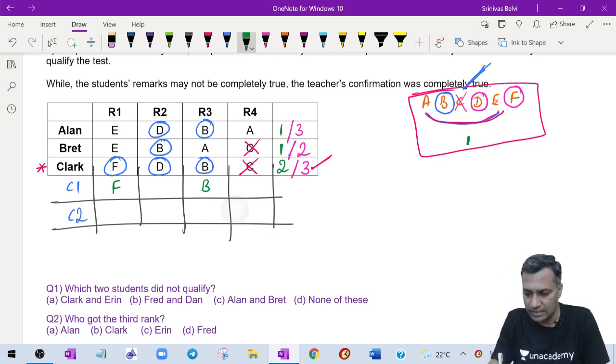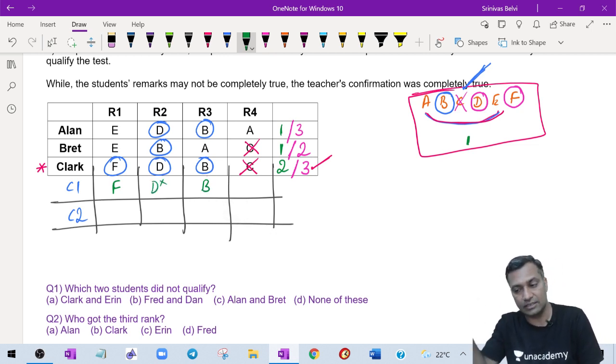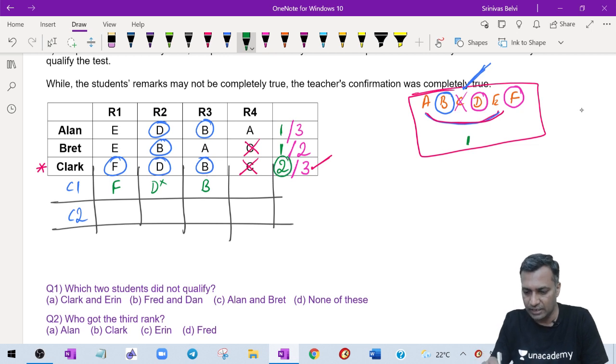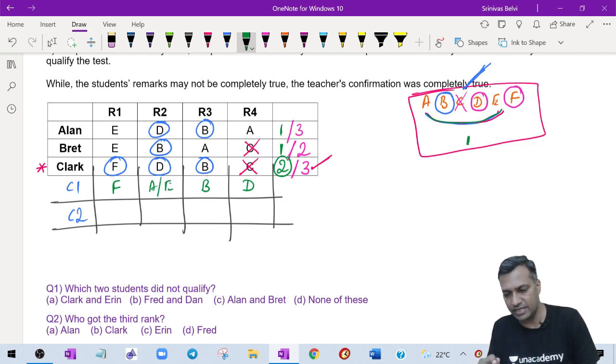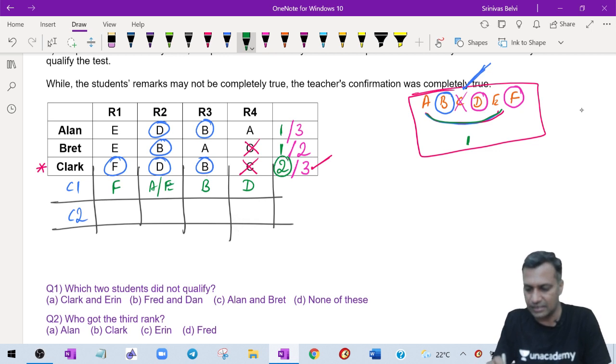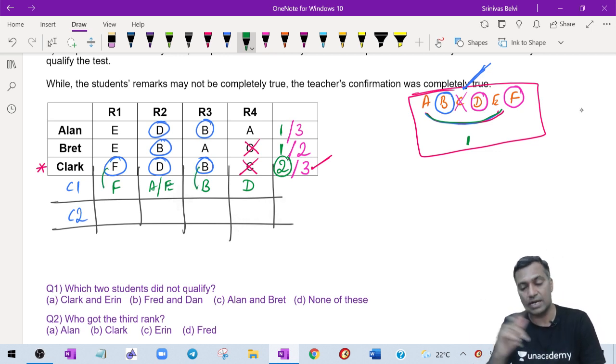So D did not get a rank here, because if D also got one, then three things would match, and only two should match. Therefore, I say that D got the fourth rank. Naturally, between A and E, one of them got the second rank, which I am not sure about. That means I map the first rank as it is and the third rank as it is; 1 and 3 are matching, the other two are not matching.